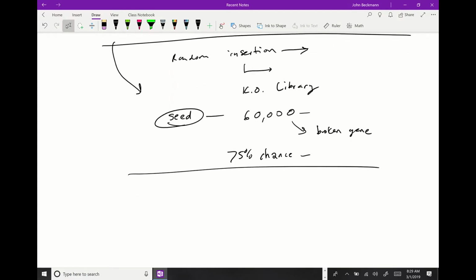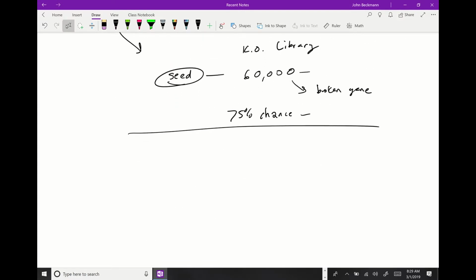One of the advantages of it being random is you can basically shoot shotguns at the whole genome, isolate where it hit, and isolate different lines that have different knockouts. Okay, so that's one of the things they've done with Arabidopsis.